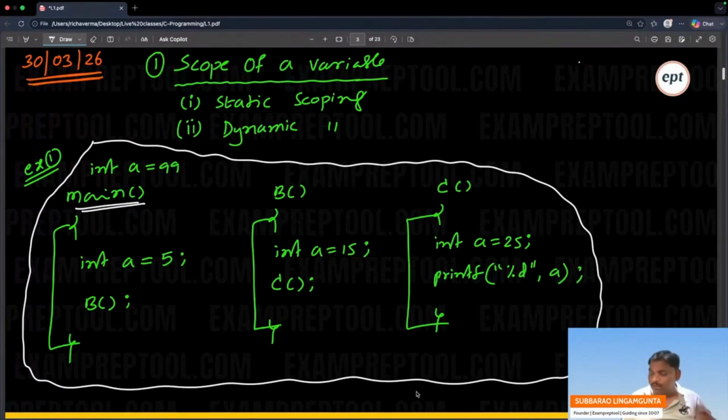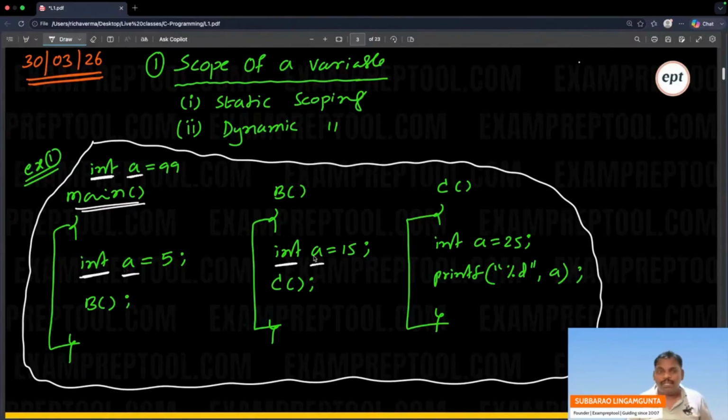Try to understand. One more thing: this is called a declaration. Data type followed by a variable is called a declaration. This is also a declaration.